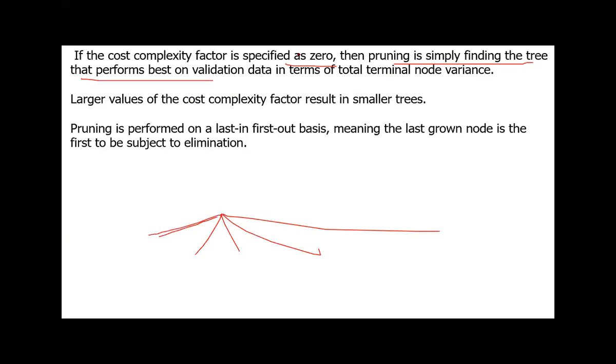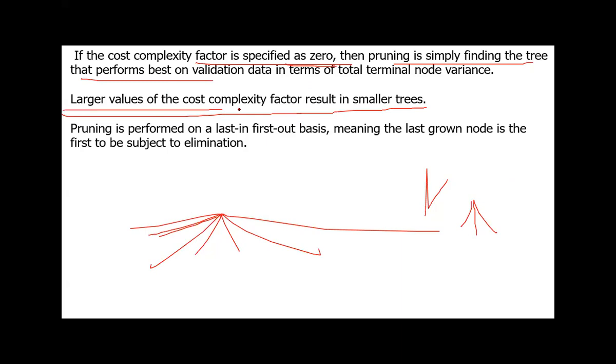Larger values of the cost complexity factor result in smaller trees, with small branches, whereas a zero complexity factor specifies more branches.